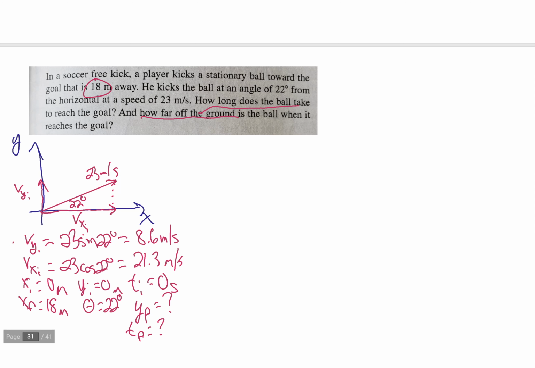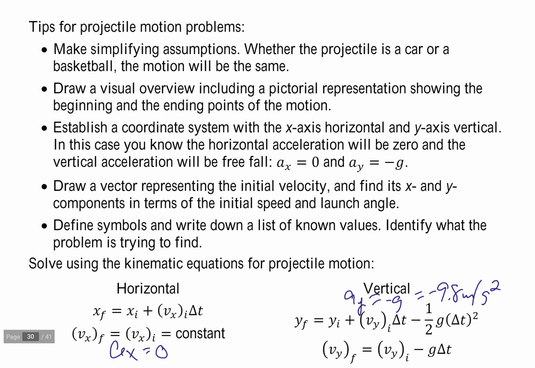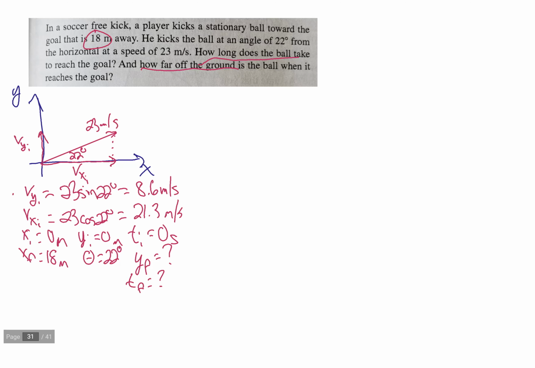If I go back to my kinematic equations right here that are at the bottom of the page now, for horizontal motion, I need x sub f, x sub i, and the velocity in the x direction. And if I have all that, I can calculate delta t. That's perfect. That's exactly what I need here. All right, so let's go back, and we can use that equation.